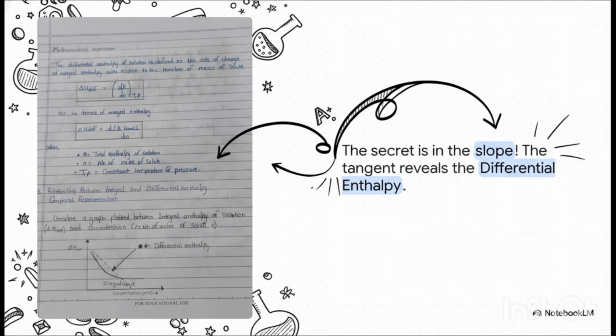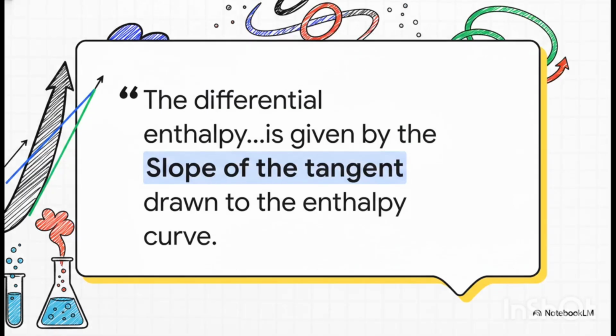If you want to find the differential enthalpy, your grade on that next quiz, at any specific concentration, all you have to do is find that point on the curve and draw a tangent line to it. The slope of that line is the differential enthalpy at that exact moment. How cool is that? The crucial takeaway here is that the differential enthalpy is just the rate of change of the integral enthalpy. They are fundamentally locked together.